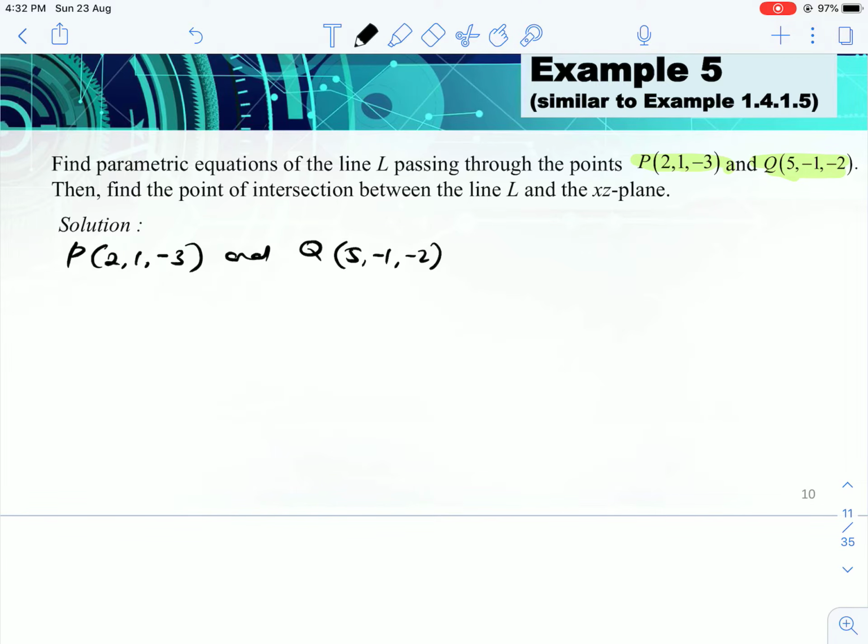In order to form the equation of a line, we need two pieces of information: a point and a parallel vector. In this case, we don't have the parallel vector, so we need to find it.